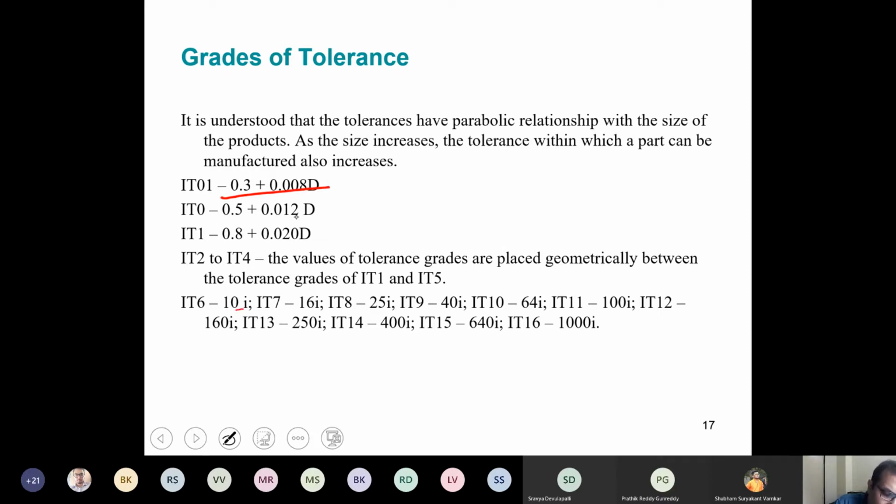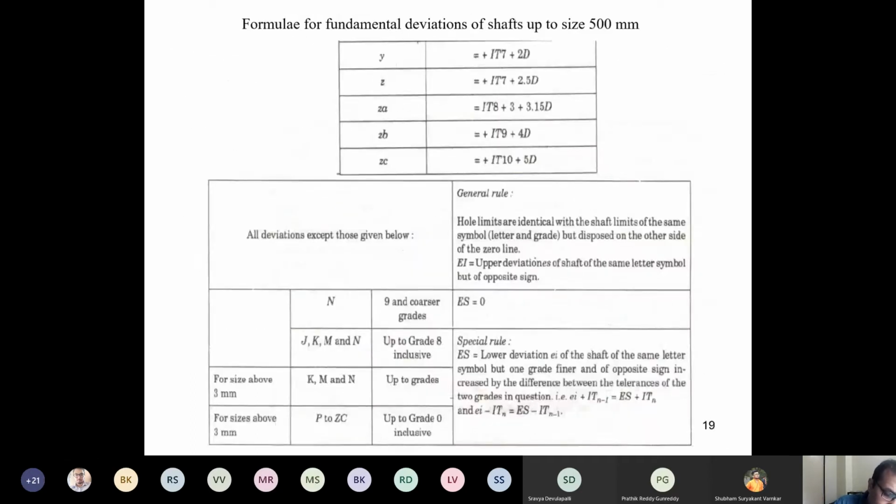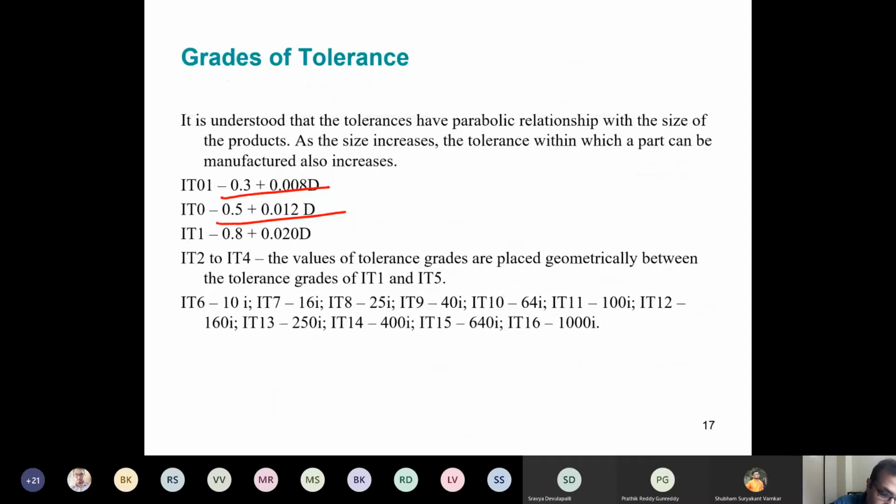IT0 is 0.5 plus 0.012D. And this is 0.8 plus 0.02D here. And IT2 to 4 are basically geometrically between IT1 and IT5. So basically 2 to 4 are between 1 to 5.